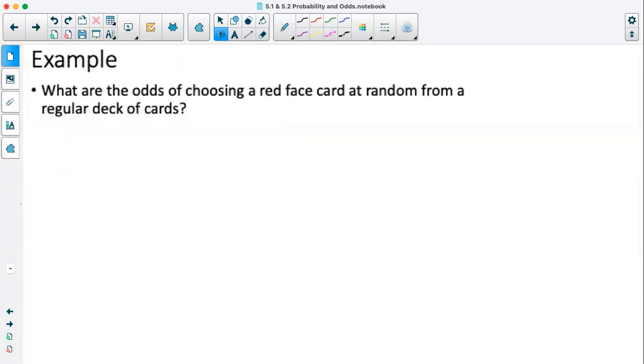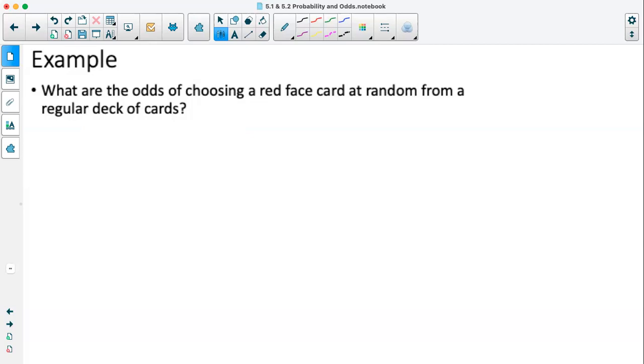Okay, so example, what are the odds of choosing a red face card at random from a regular deck of cards? If we're writing as odds, we're just writing our attempts for versus attempts against. So first we have to figure out how many red face cards there are.